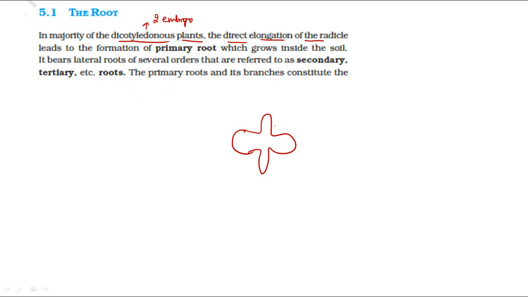Okay, dicot seed. This is how it looks. The upper portion elongates and gives something called as plumule, and the lower portion elongates and gives radical. So plumule grows like this inside soil, and then radical grows like this. So plumule gives stem and radical gives root.